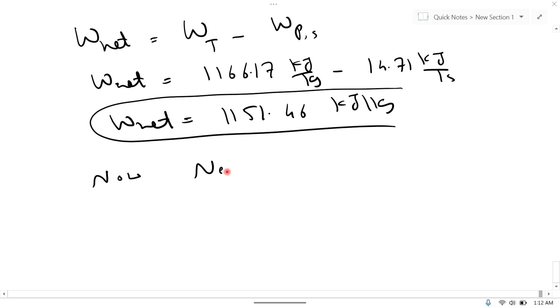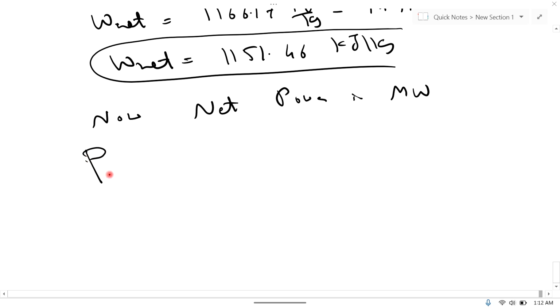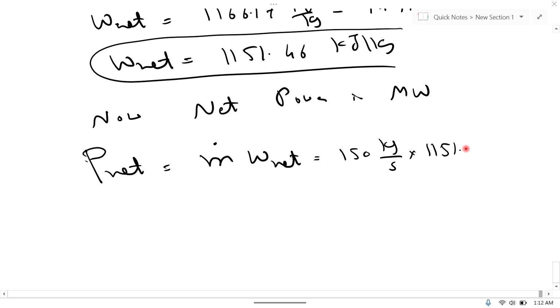Now we can easily find net power in megawatt. So net power is equal to m dot, mass flow rate, into net work. The mass flow rate is 150 kilogram per second, given to us, and net work is 1151.46 kilojoule per kg.